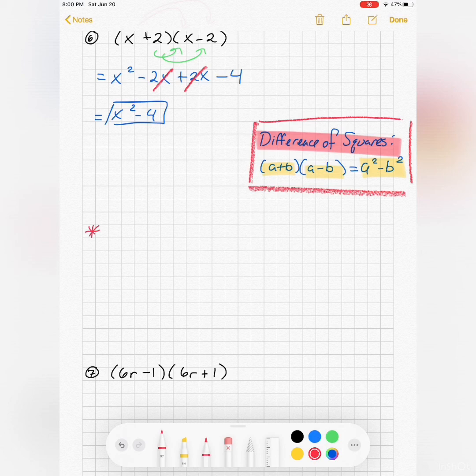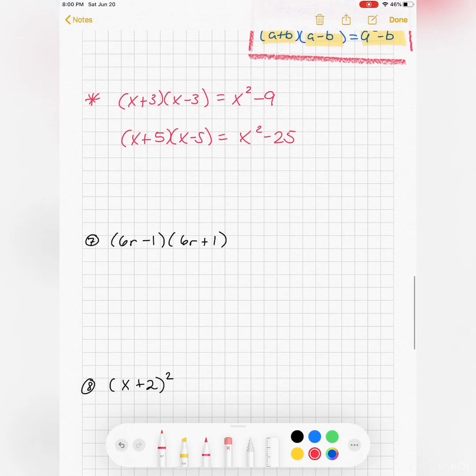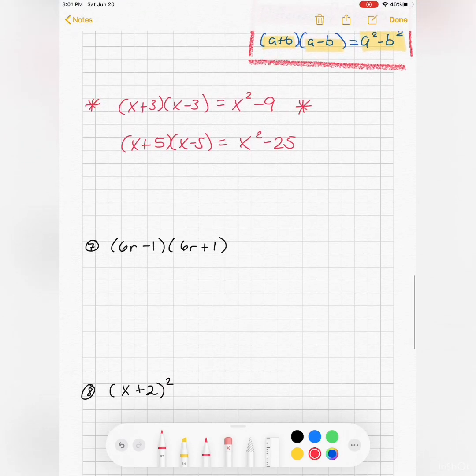If I had x plus 3, x minus 3, I recognize right away that that's a difference of squares. That would be x squared minus 9. If I had x plus 5, x minus 5, that's a difference of squares. It'd be x squared minus 25. So that's a little side note, extra example.